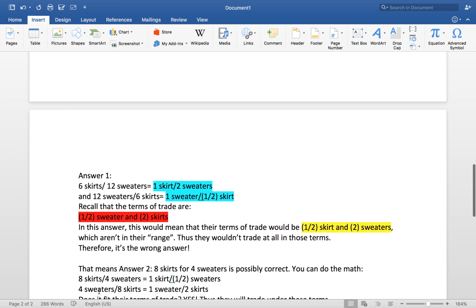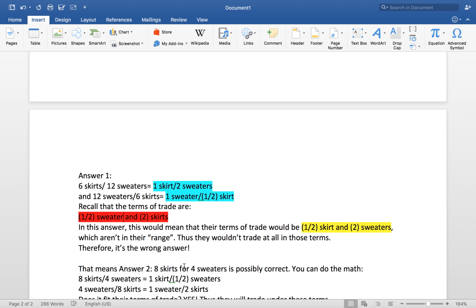And same thing for the sweaters. So for 1 sweater, 2 skirts are given off, because 4 divided by 4 is 1, and 8 divided by 4 is 2. Now, let's look at it. So this is Greece and Germany's terms of trade, highlighted here in red. And here, for answer 2, the terms of trade would be 2 skirts given off and half a sweater given off, which matches perfectly with their terms of trade.